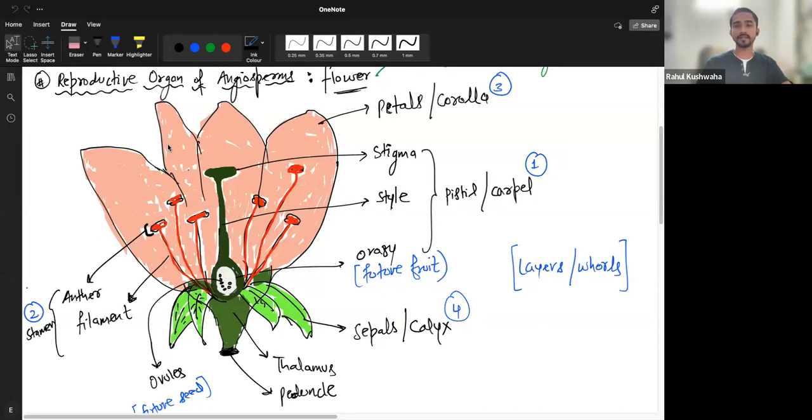Petals are the attracting agents, like they attract insects on the basis of vibrant colors and also sometimes the scent that they produce. Petals also allow landing when the insects approach the flower, a kind of helipad, the landing site where the insect like a honeybee lands.